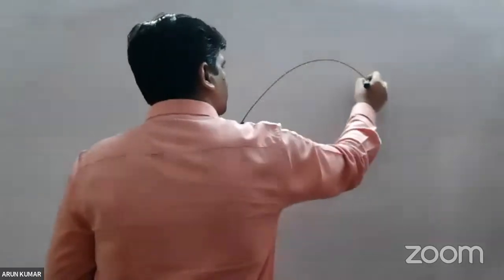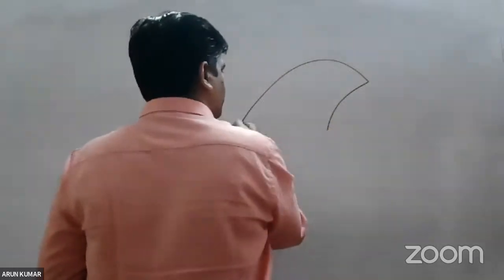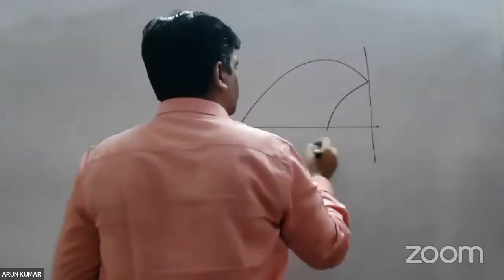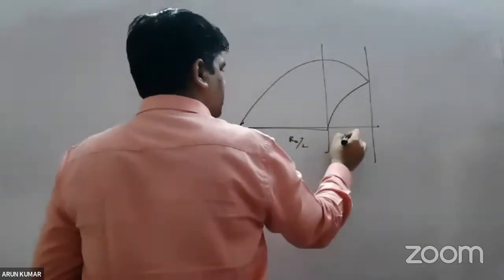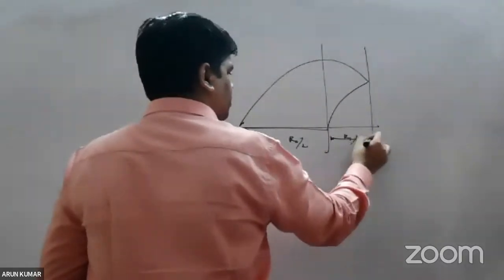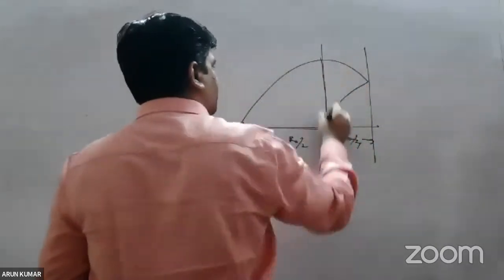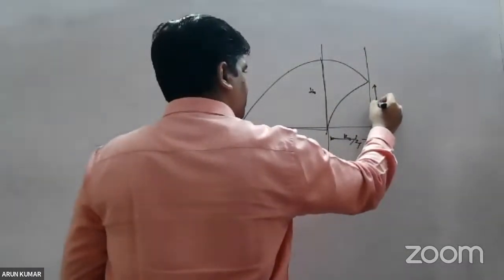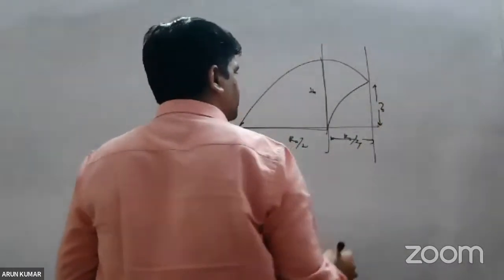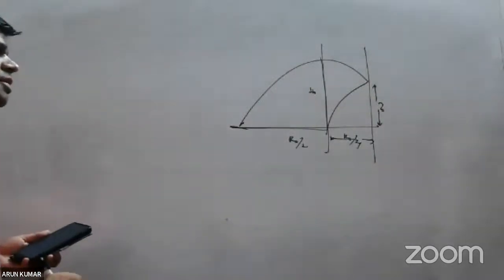This goes like this, hits here, it exactly comes below this. So if this is r by 2, this is r by 4, and this is h. Required to find this height, h0 and h. Required to find question mark.